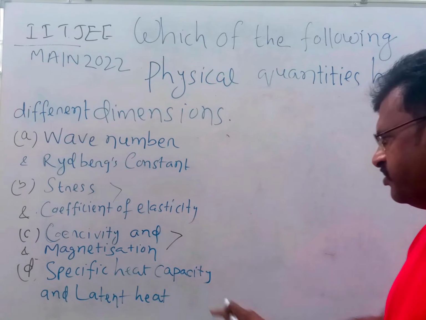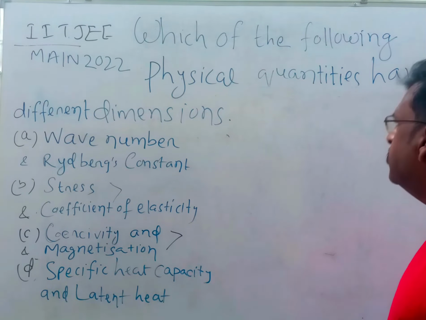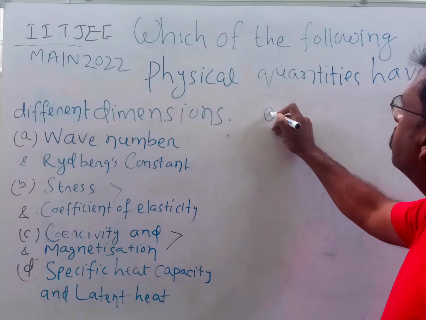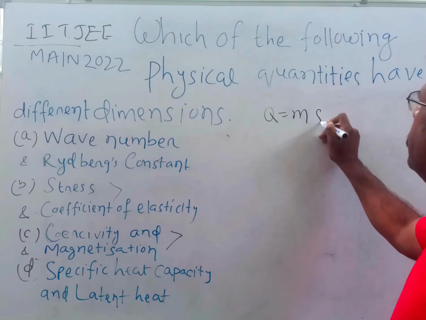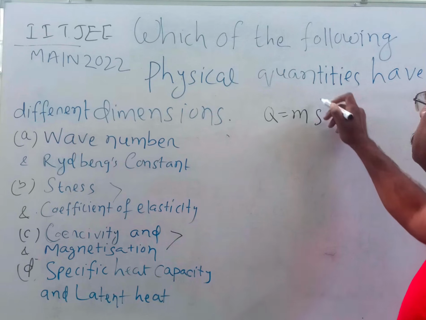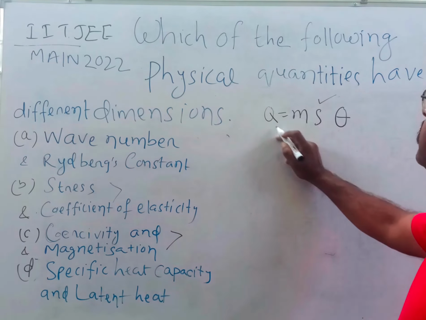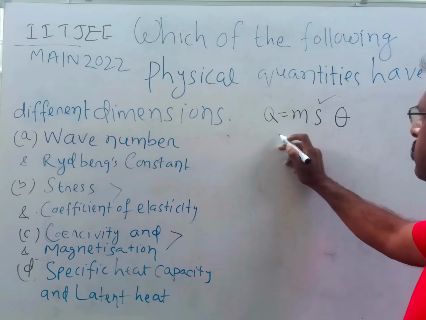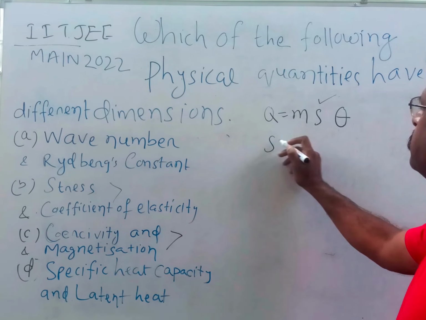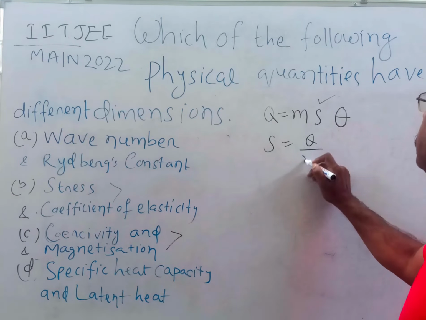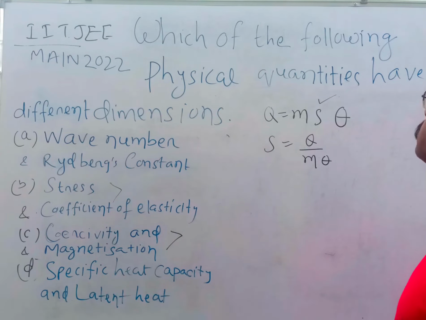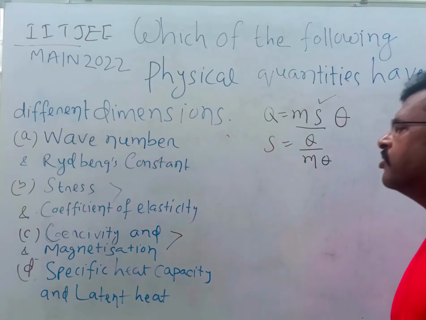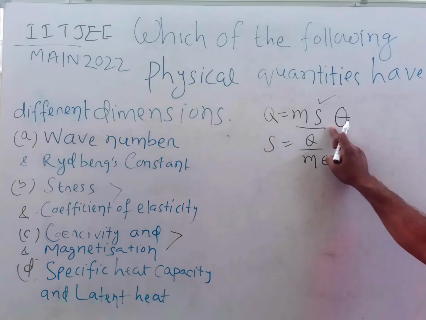Let us see specific heat capacity, student. That is given by the relationship Q is equal to m s theta. The formula of specific heat is Q by m theta. And student, this ms, mass into specific heat, is known as heat capacity.